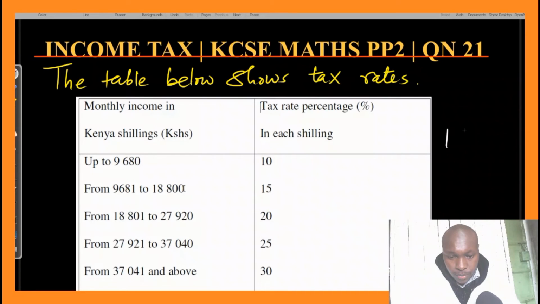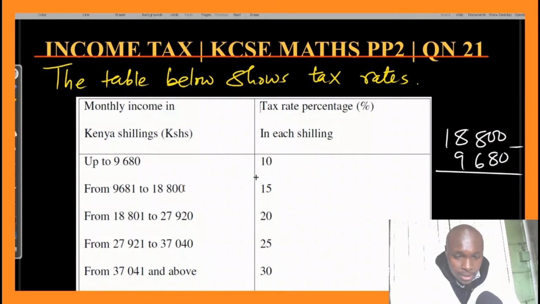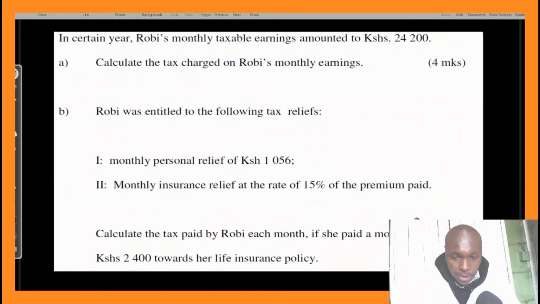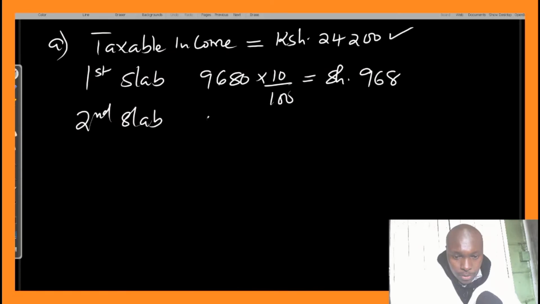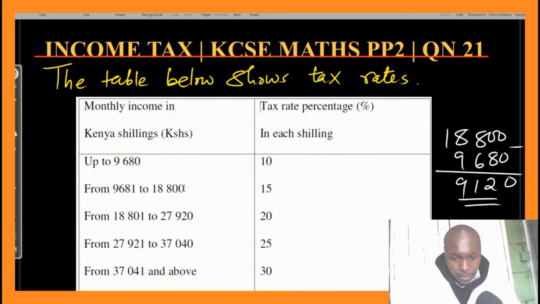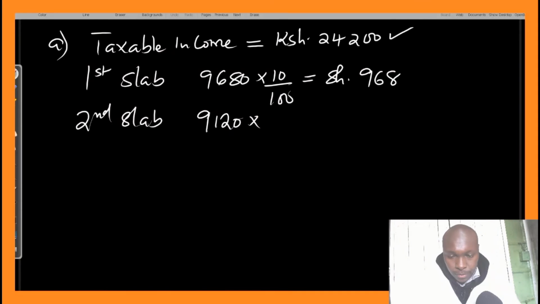So you take 18,800, then subtract 9,680, not 81, 9,680, to get the amount of money taxed in this slab. This will give 9,120. So 9,120 is the amount taxed in the second slab. So 9,120 times the percentage in that slab, which is 15%.